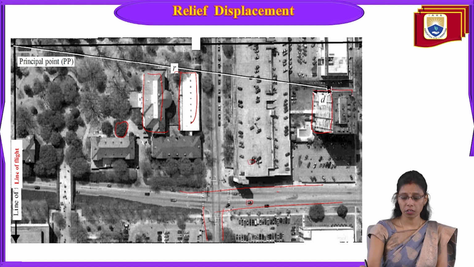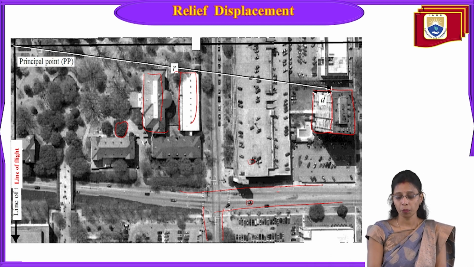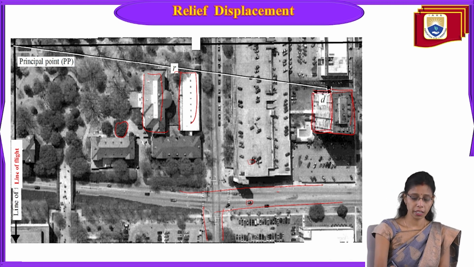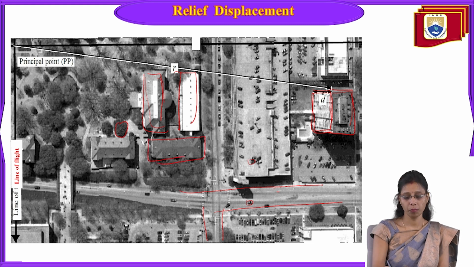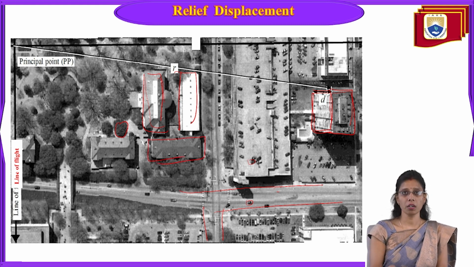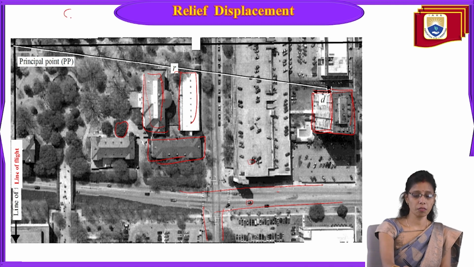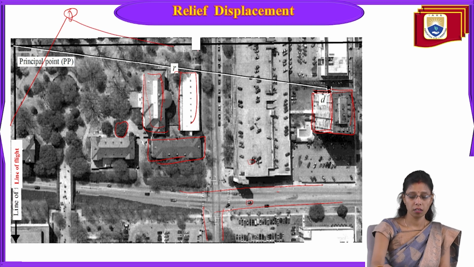Just now in the previous picture you saw that when a photo is taken there is a slant view. Like in this building you can see the top view and the side view also, whereas in this building you can see only the top view. But this is the same photograph. So maybe the camera is somewhere here and it captured like this.